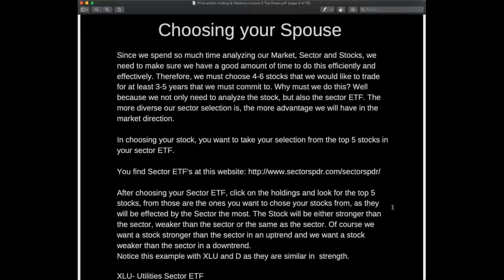So focus on 4 to 6 stocks that you would like to trade for at least 3 to 5 years and commit to them. Now, this is, of course, after you've mastered that one stock that we're going to go through.